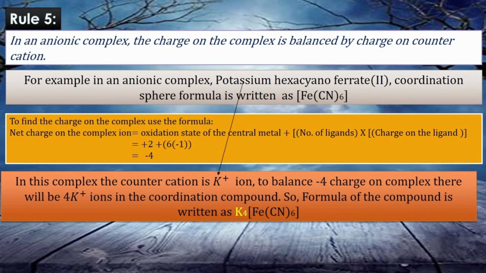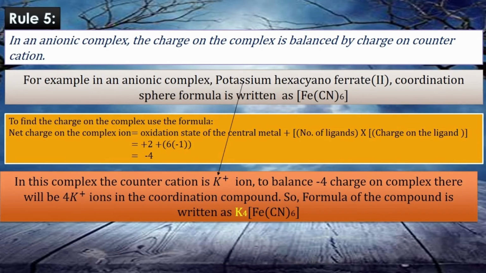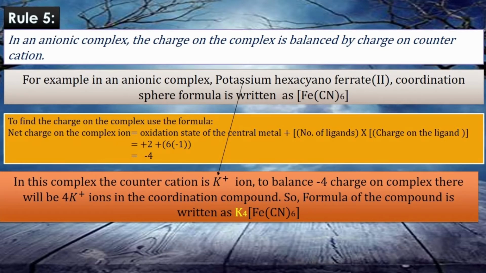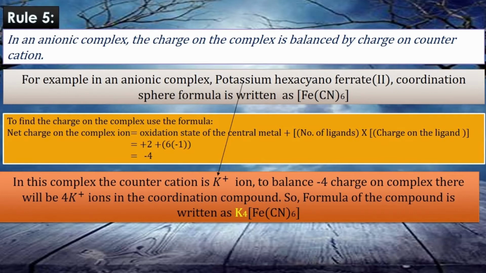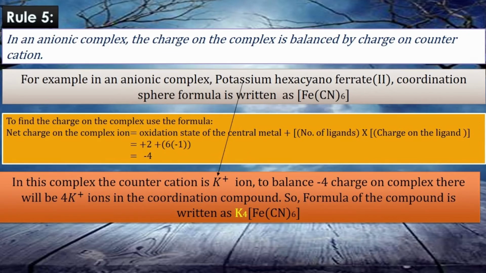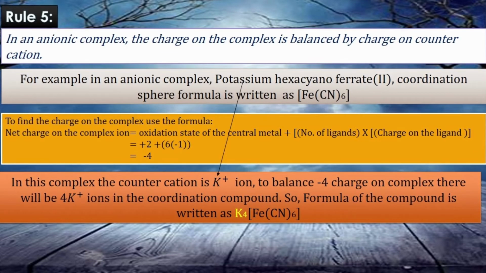To find the charge on the complex, we will use the formula: net charge on the complex ion will be equal to oxidation state on the central metal plus number of ligands into charge on the ligand. From the compound name, we can know the oxidation state of the central metal.